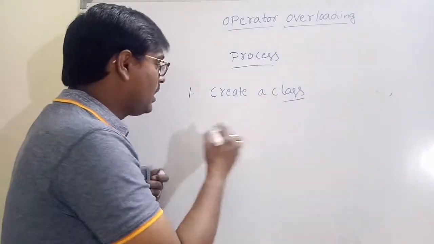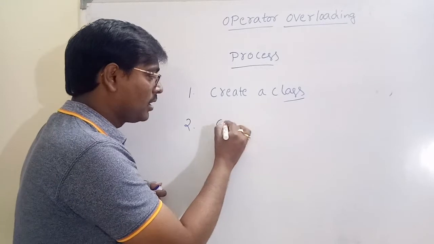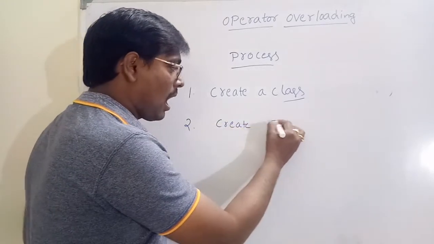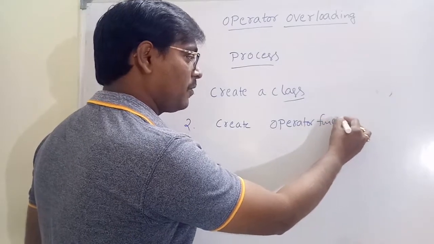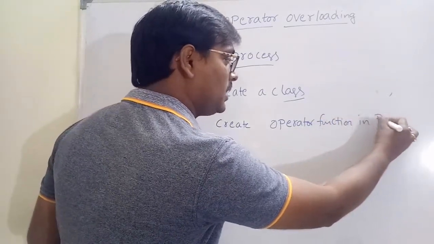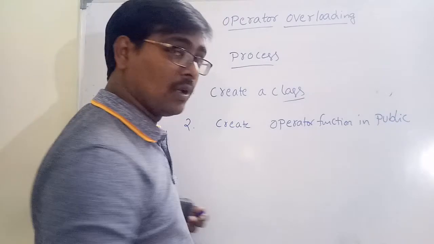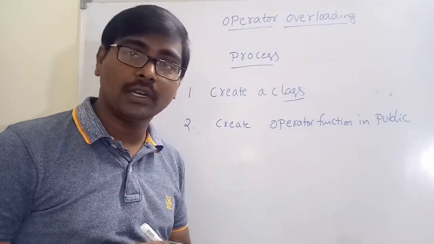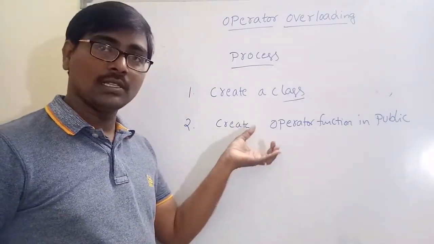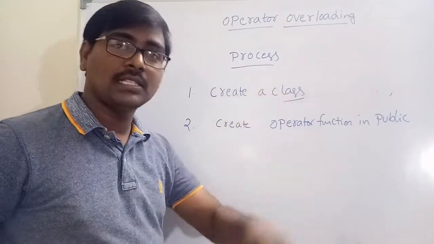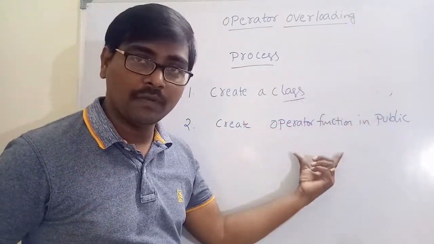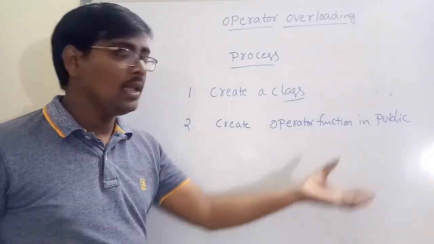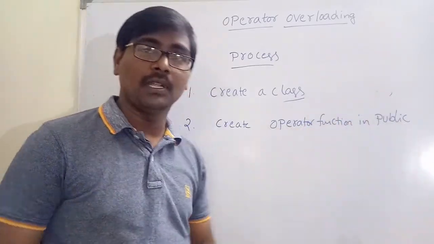Once we create a class, next create the operator function in the public section. We have the access specifiers private, protected and public. After creation of the class, inside the class we have to declare an operator function in the public section.